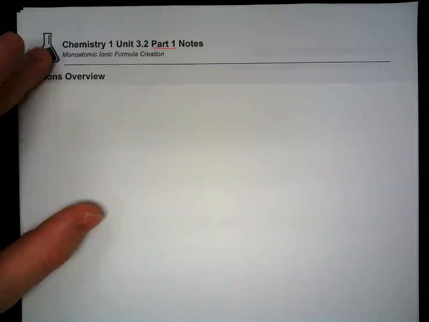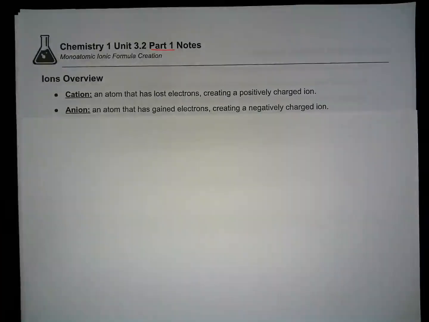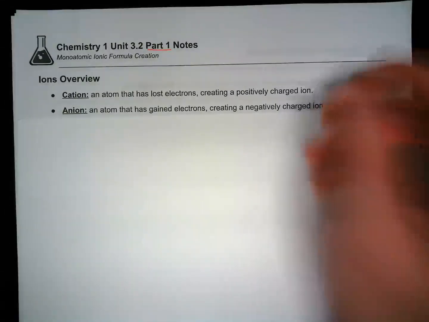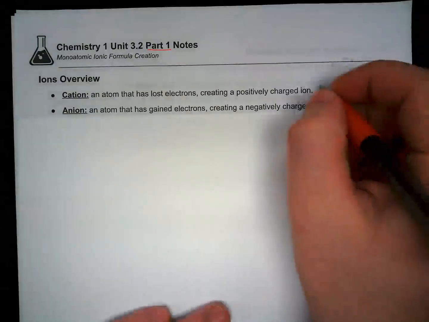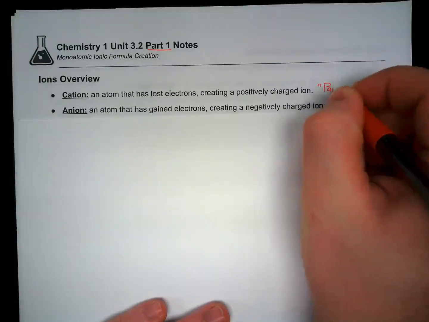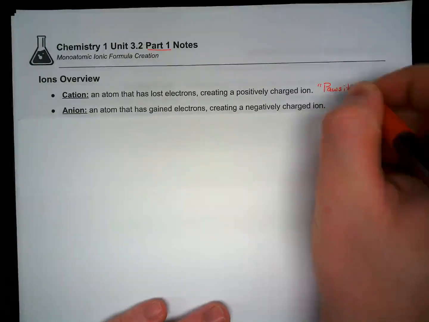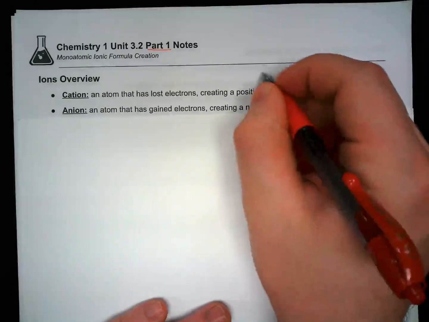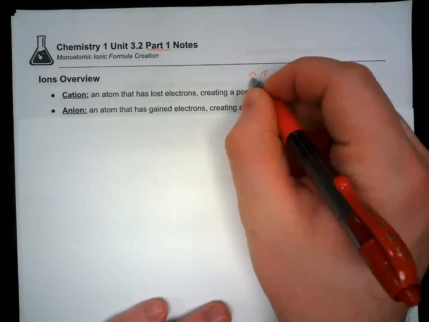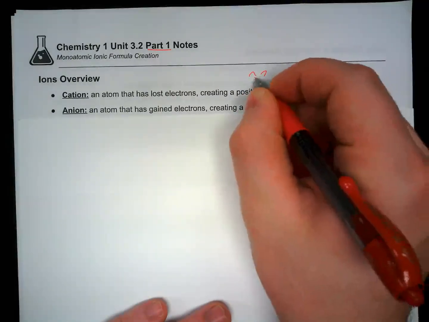So, ions overview. Remember, we've already gone over these two before. We've got cations and we've got anions. Cations, remember, are the atoms that have lost electrons. These have a positive charge. And we know it's positive because, remember, the whole cats, kitty cats thing.